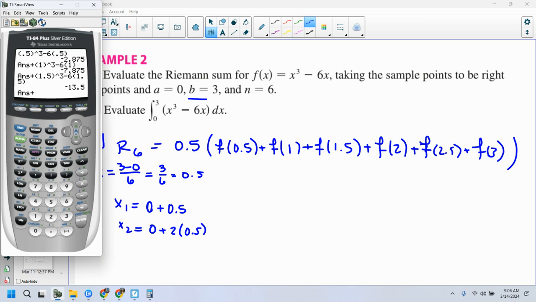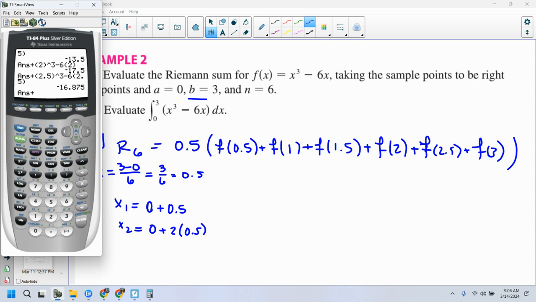Plus, now I'm going to do 2. 2 to the third. Whoa, be careful. 2 to the third minus 6 times 2. Plus 2.5 to the third minus 6 times 2.5.